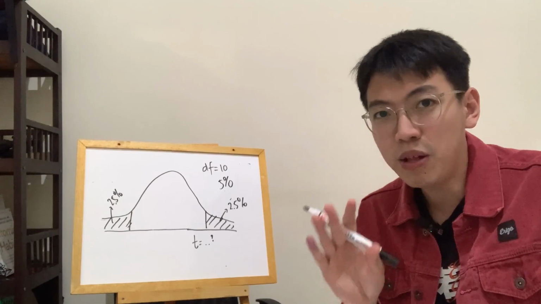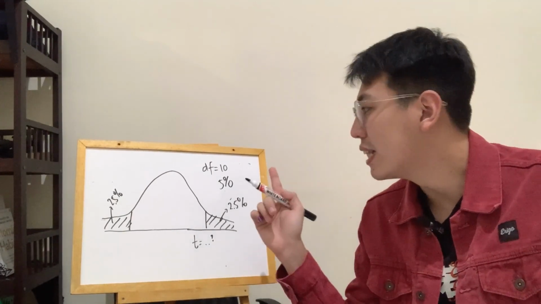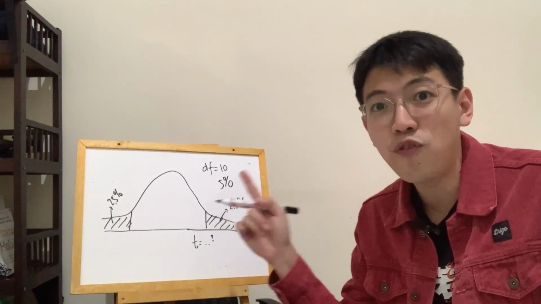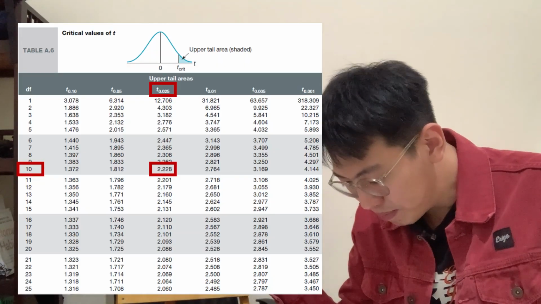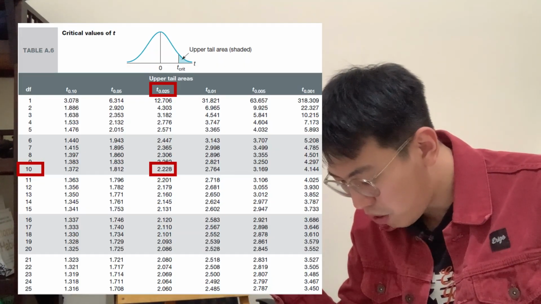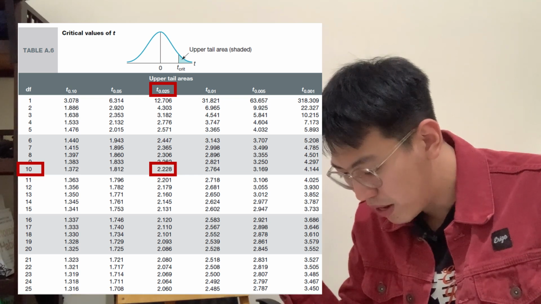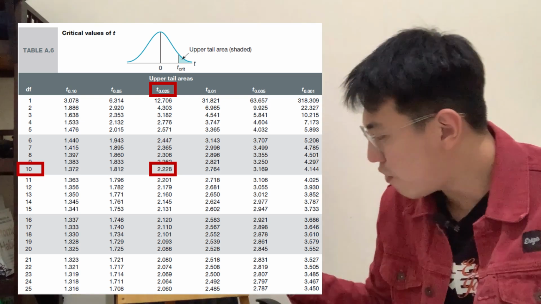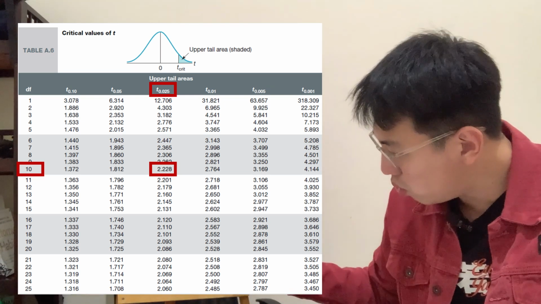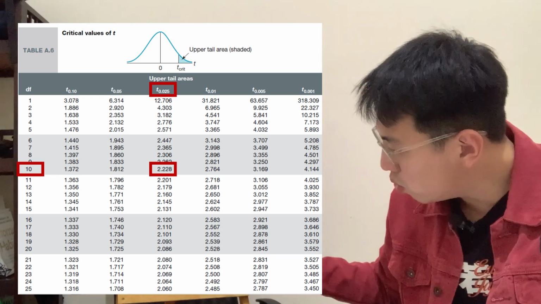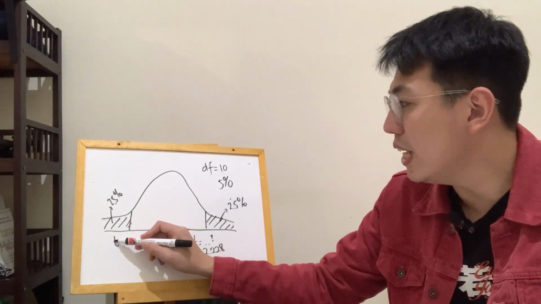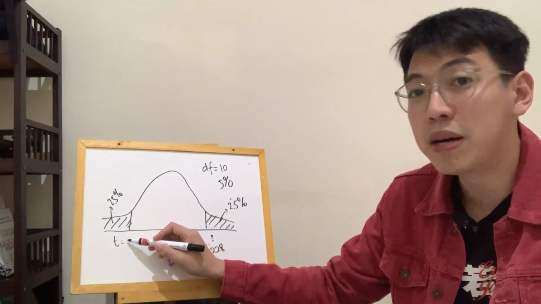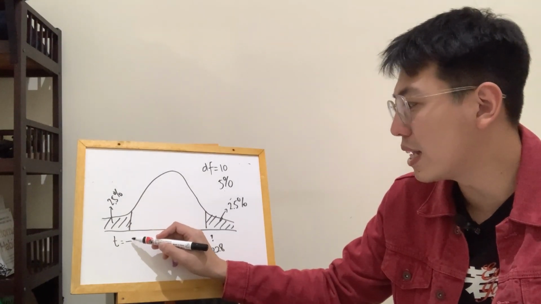So the simple way, just divide the area by 2 for two-tail tests. So df 10 and the area is 2.5% or t 0.025. You can find the t equals 2.228.